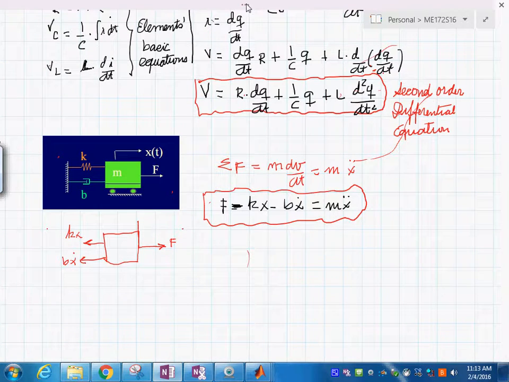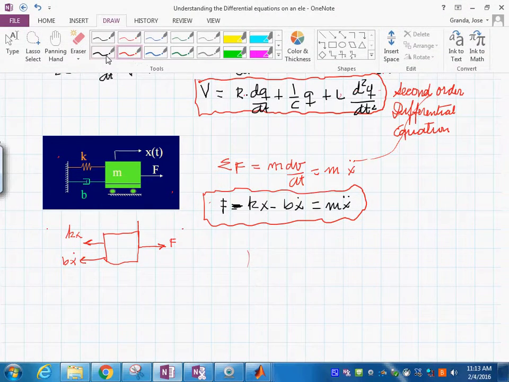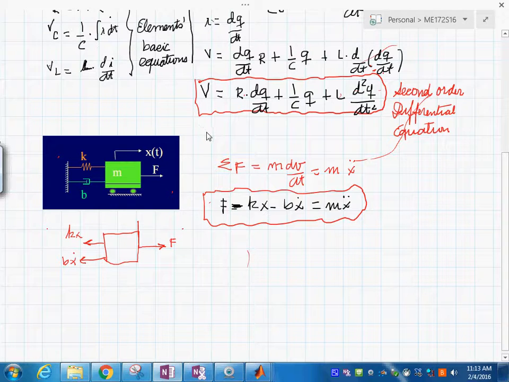What I'm saying is the equation is written a little differently, like it's L times d squared q dt squared plus R times dq dt plus 1 over C times Q equals to V. This is the way it's written.